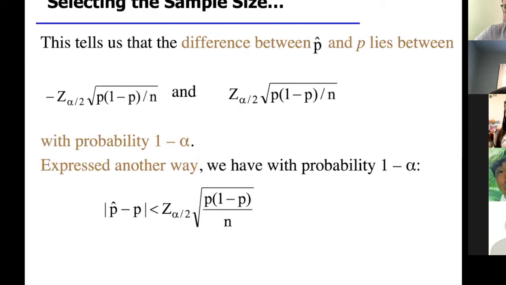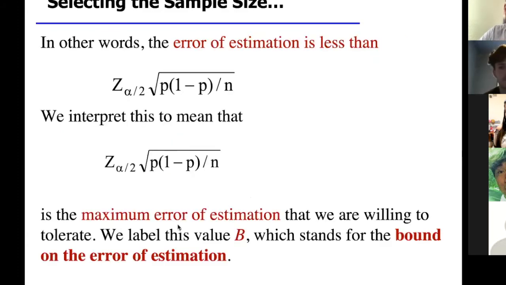So that's essentially, if you want, this value represents half of my interval width. I can just say essentially the absolute value of my estimation error is smaller than half of the interval width.